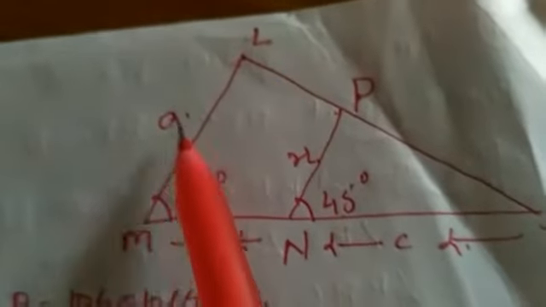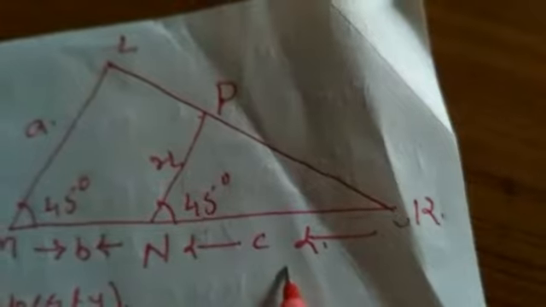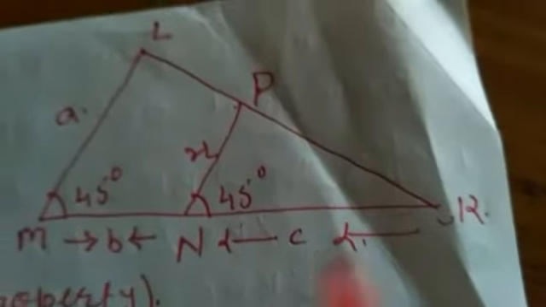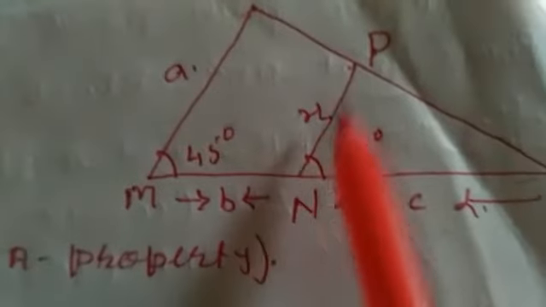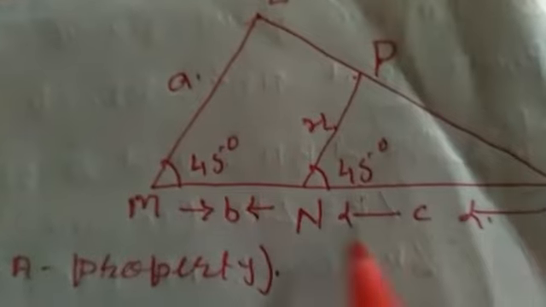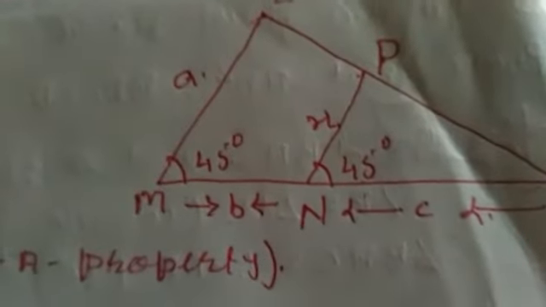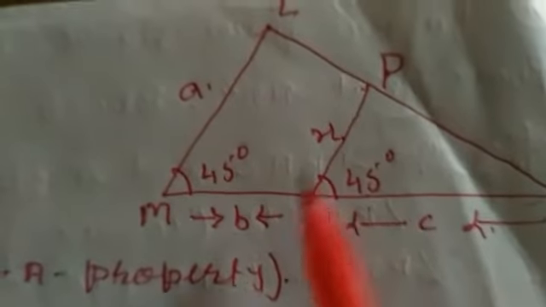Length of LM equals A. Length of PN equals X. Length of MN equals B. Length of NK equals C. Now the question is, we need to express X, that is the length of PN, in terms of A, B and C only.